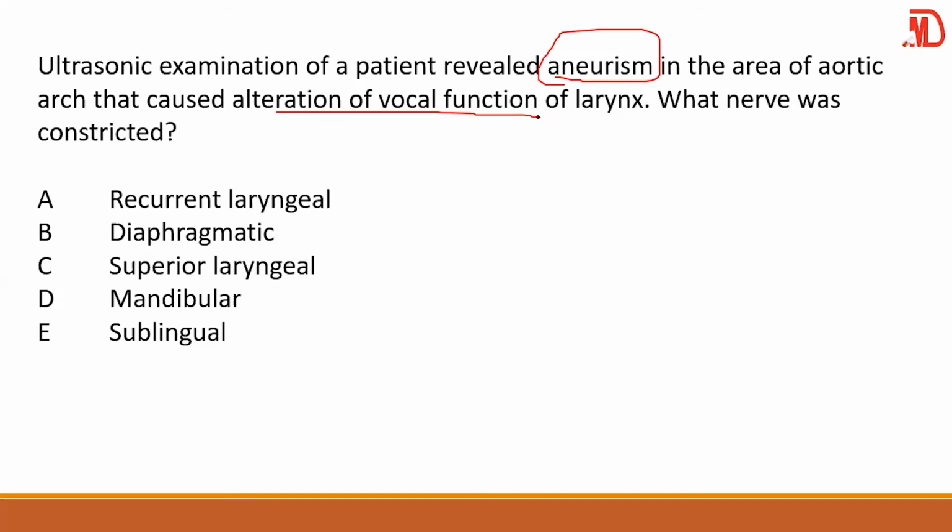If there's a compression on the larynx, you ask yourself, what nerve is found on the larynx? That can even lead to a change in voice. Of course, you are thinking about the recurrent laryngeal nerve. Anytime there's a tumor in the throat, it affects this recurrent laryngeal nerve.